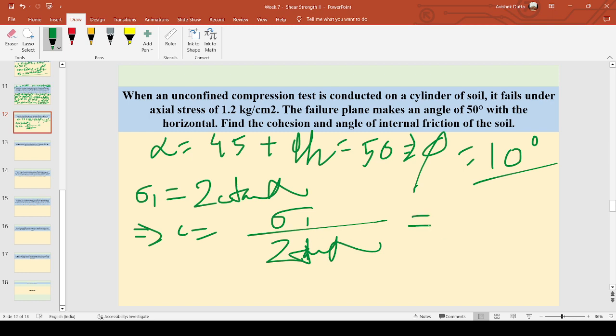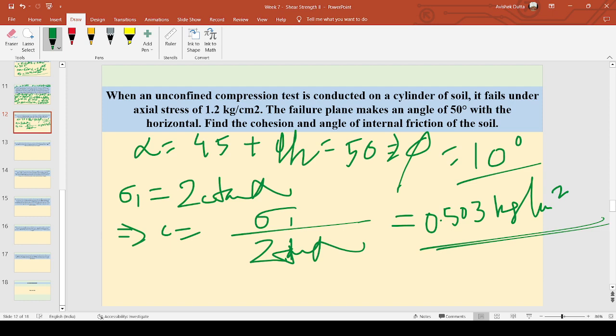So the value we get is approximately 0.503, in the same unit as sigma 1, that is kg per cm square. A simple easy question. It was there in the last session also, just for the sake of reference I've given it here. Okay, fine. Next question.